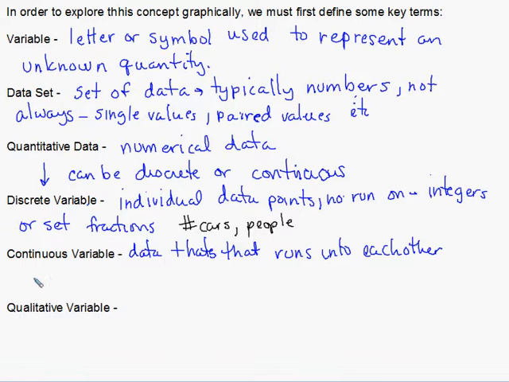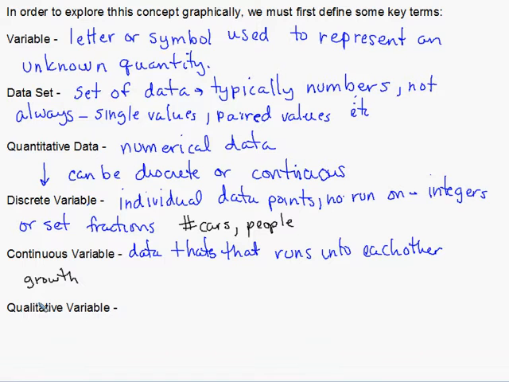Continuous variables are things that run into each other. Growth. Growth is a continuous variable because we don't wake up, this morning we're 5'1", and we go to bed, and tomorrow morning we're 5'3", and you just instantly went from 5'1" to 5'3".